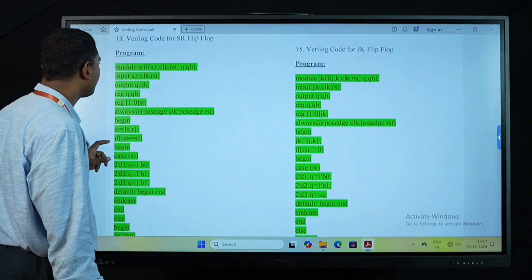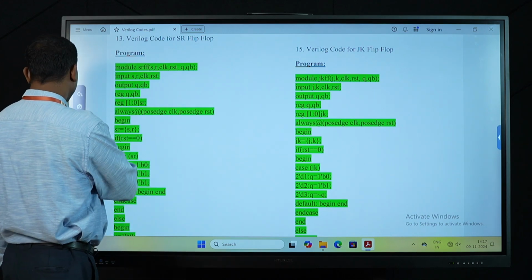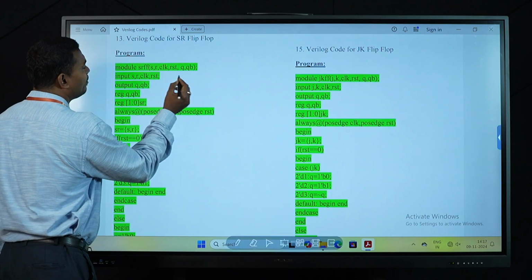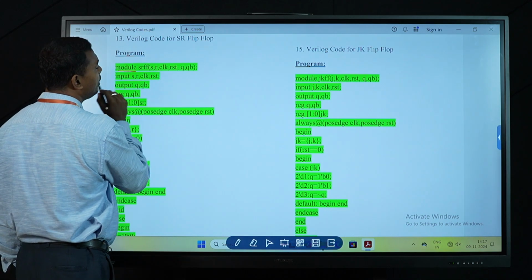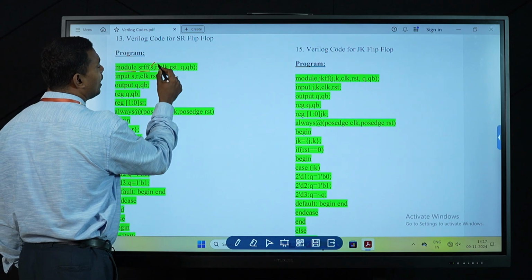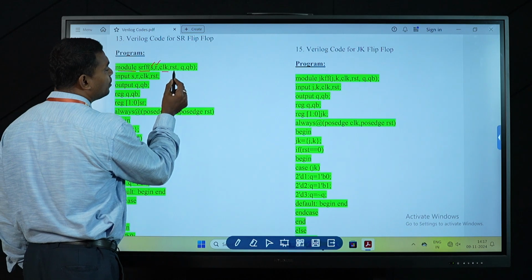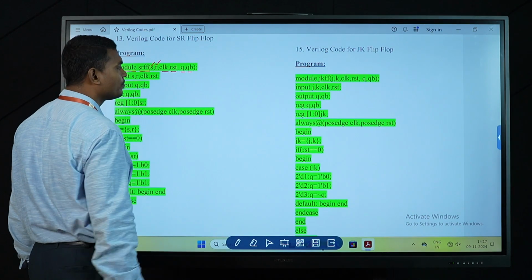Now see here, I am declaring my SR flip-flop as a module. The SR flip-flop has S as input, R as one more input, and clock and reset as inputs, and Q and Q bar as outputs.